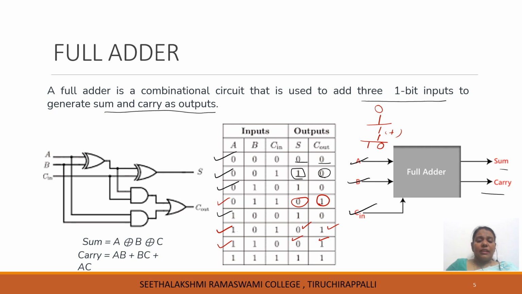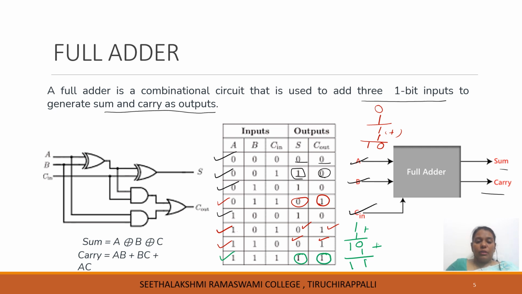Then comes the case where you have all the three inputs as 1. So 1 plus 1 will give you 1, 0, which is again added with the value of C, which is also equal to 1, so that you will get 1, 1. Here sum will be 1 and carry will also be equal to 1.